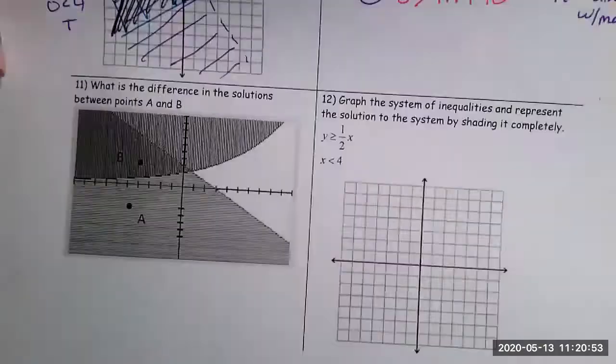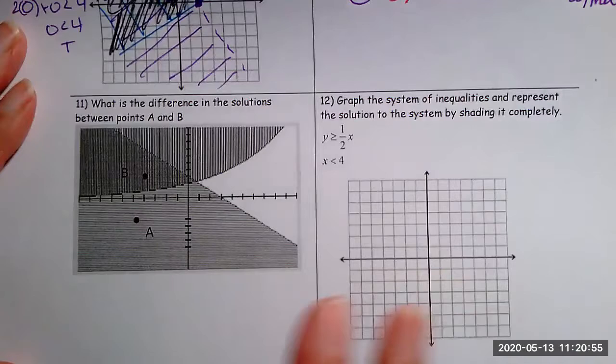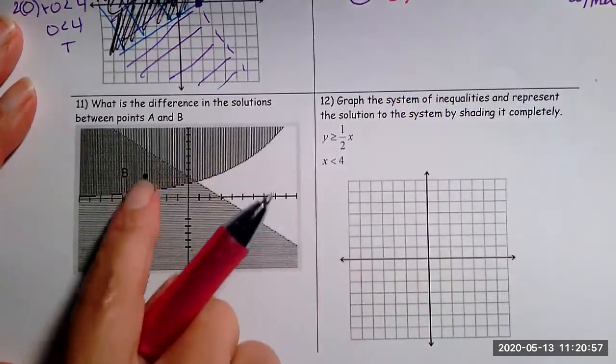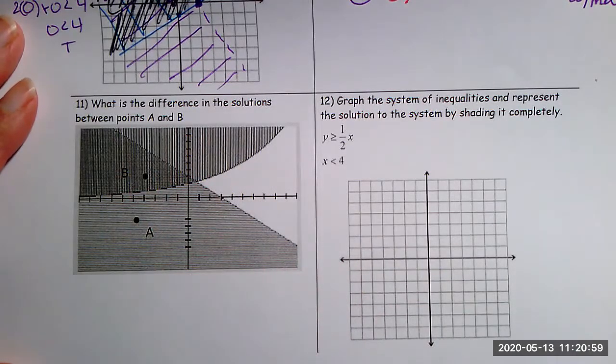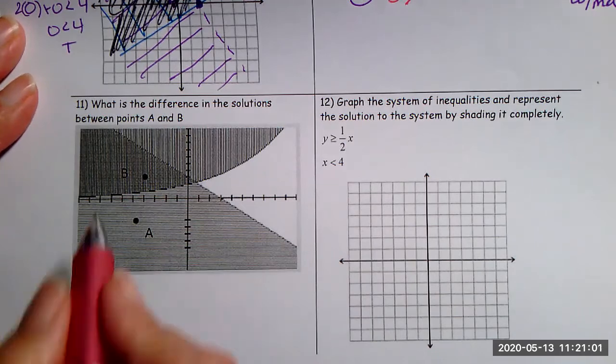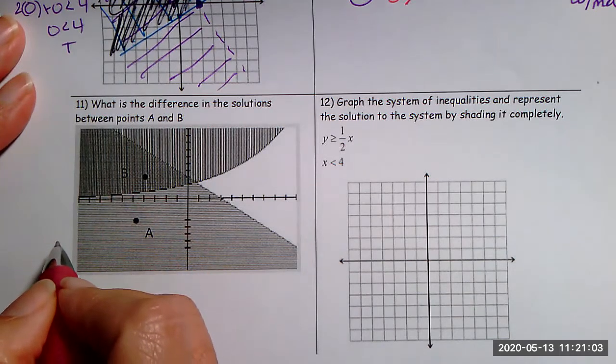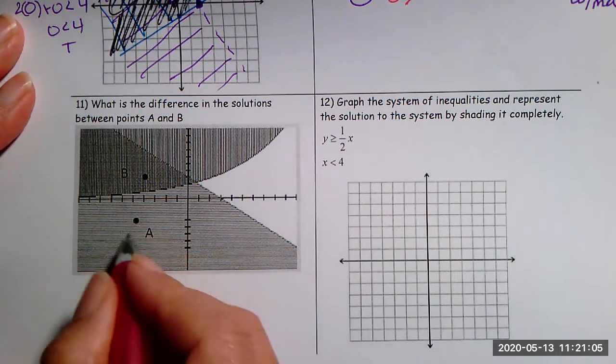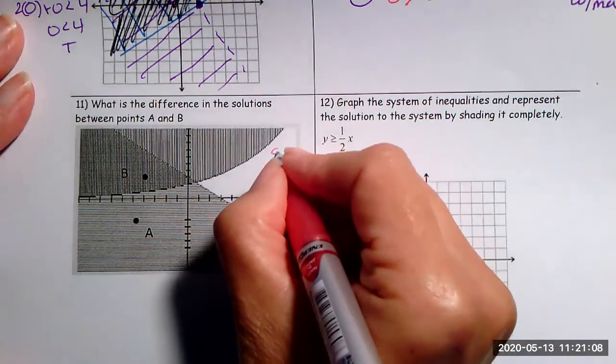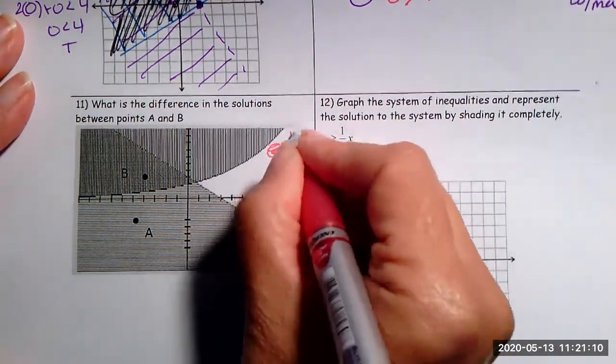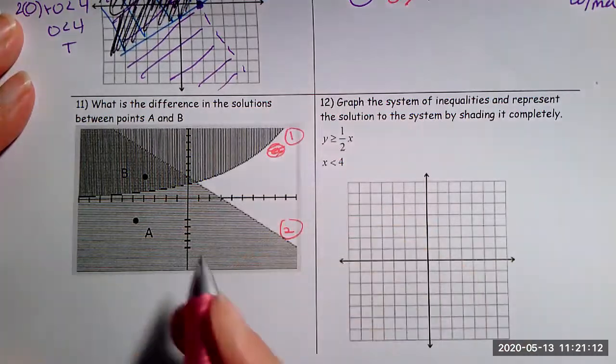All right. Let's go on to number 11. What's the difference between these two answers? What does B represent? What does A represent? Let's call this equation 1 and equation 2.